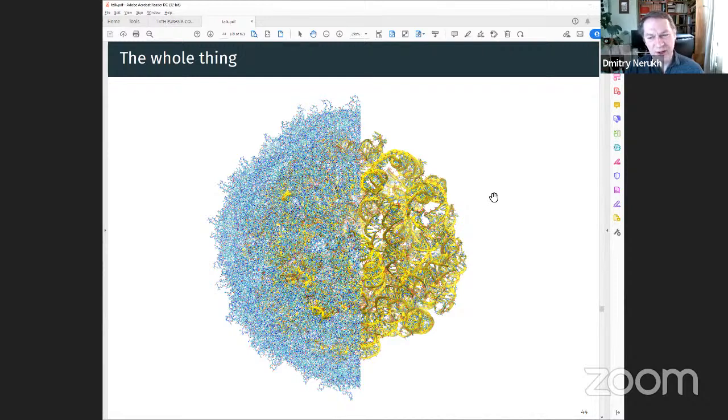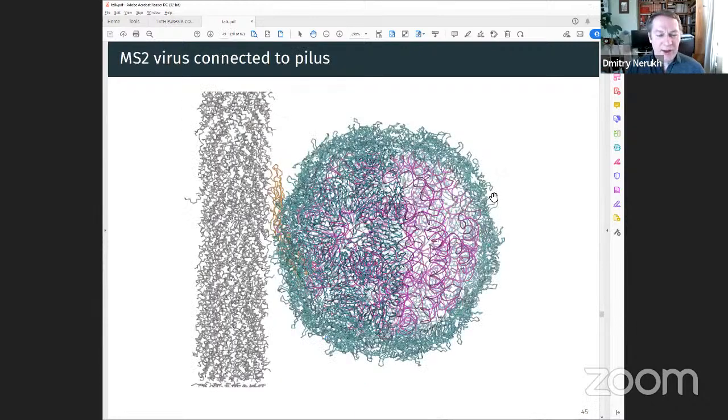We solvated the whole thing in water and ions, in a physiological solution, and we did molecular dynamics simulations of the whole thing for enough time to see that the structure is stable and reproduces the experimental, measured structure. And then we moved on and investigated how this virus interacts with the bacterial pilus.